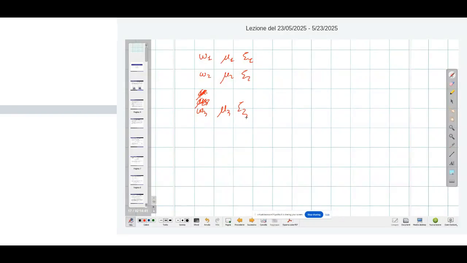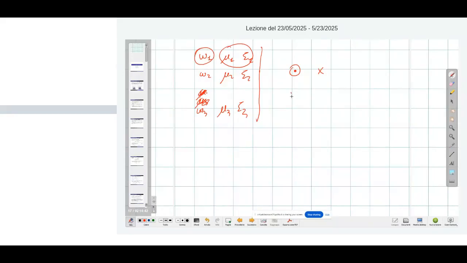Can you find the cluster labels for a sample X? I want to find its cluster label. How can I do that? I know that each cluster is described by these parameters. These are the components of the Gaussian, and this is the prior probability that the sample belongs to that cluster.